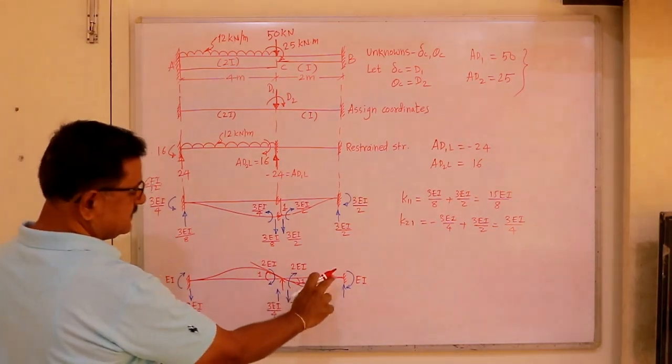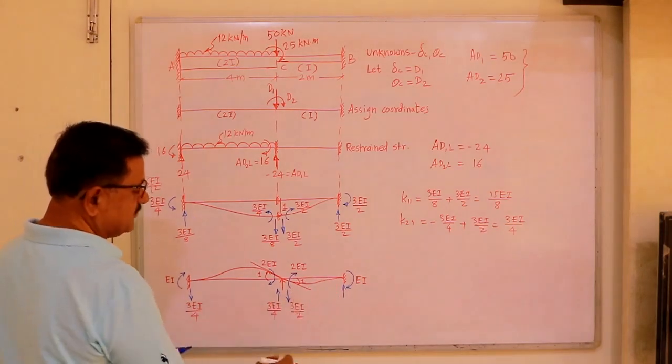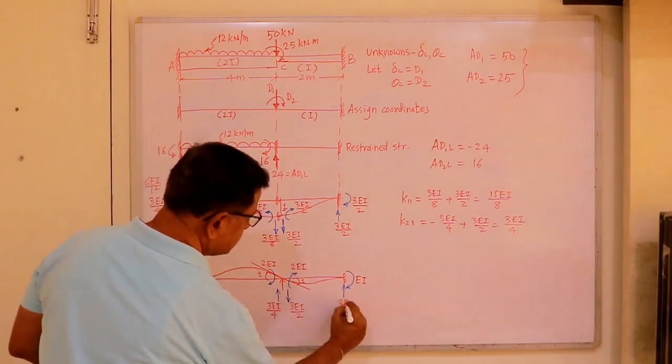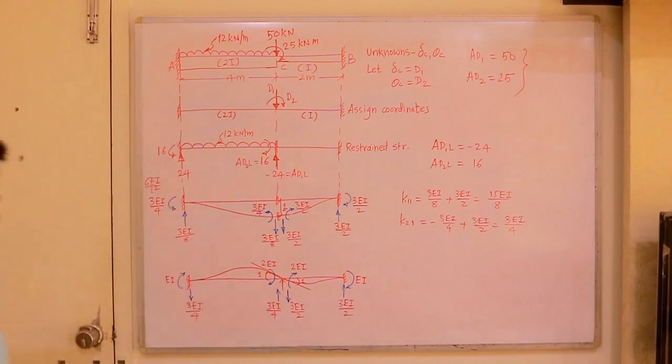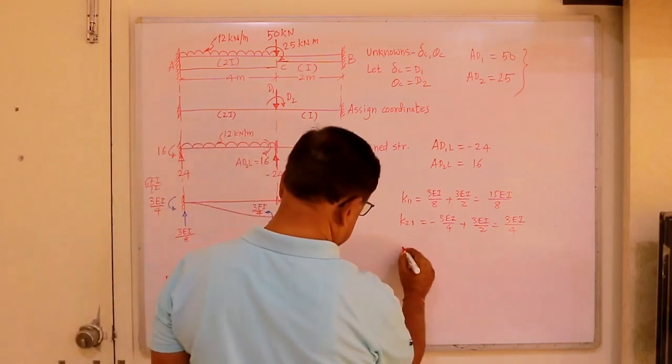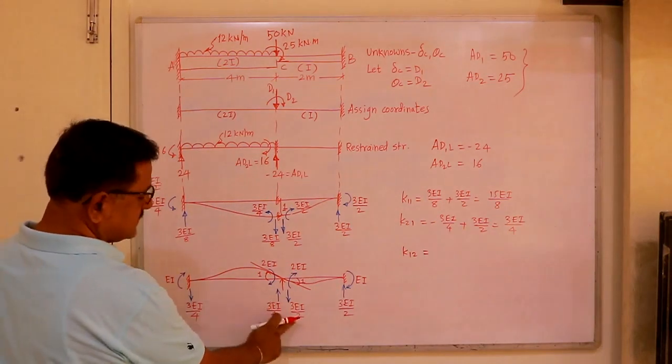Similarly, this side total is clockwise, reactions must form anti-clockwise. So 3EI by 2, 3EI by 2 you will get for each reaction. Now let's calculate the coefficients. K12: this is upward and this is downward.